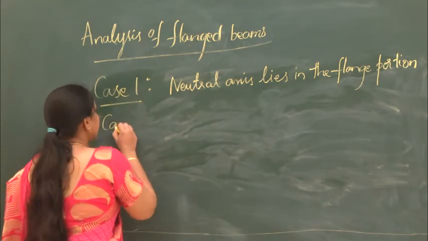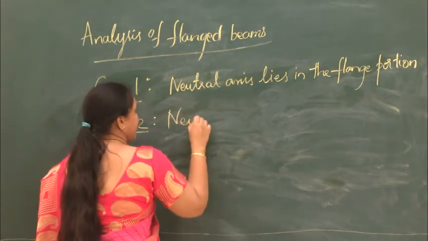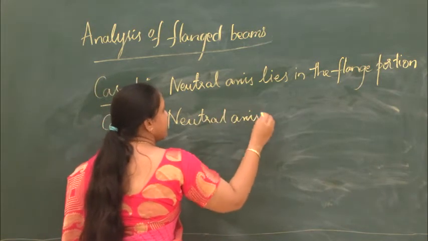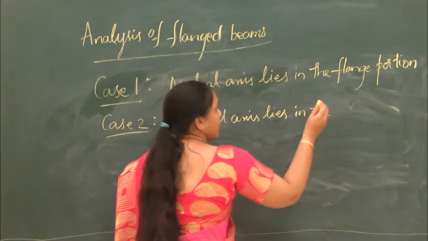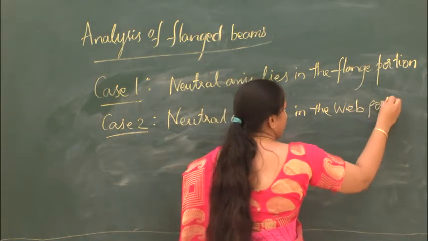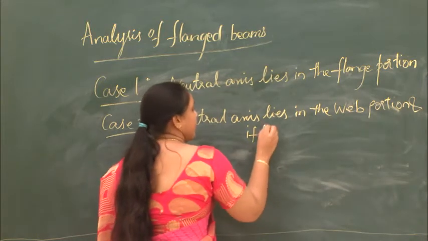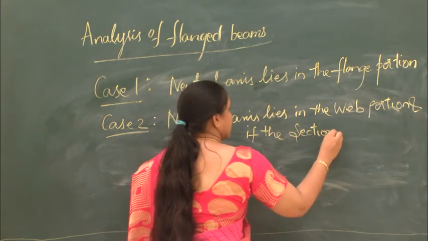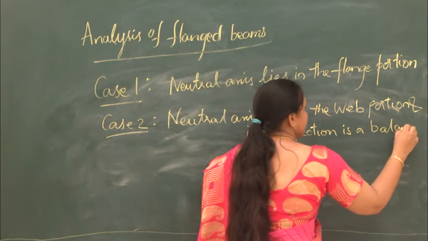Now, the next case, that is case 2, is if the neutral axis lies in the web portion and if the section is a balanced section.